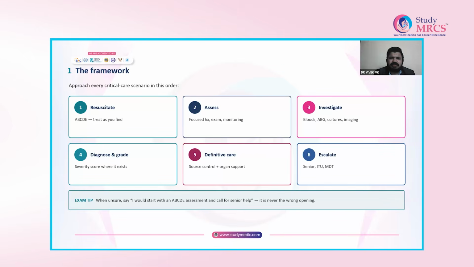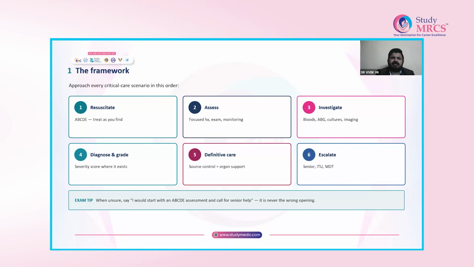As I just told you, if a severity grading scoring system exists, obviously you have to grade the severity. Then comes definitive care, that is source control, and you have to support the other organ systems. And you have to keep in mind when to escalate the problem to the senior, to ITU, or to the multidisciplinary team.